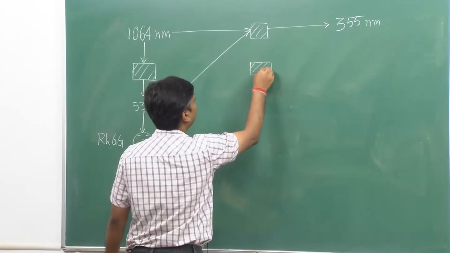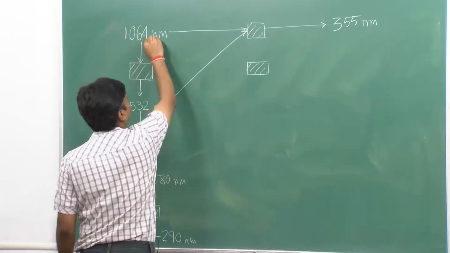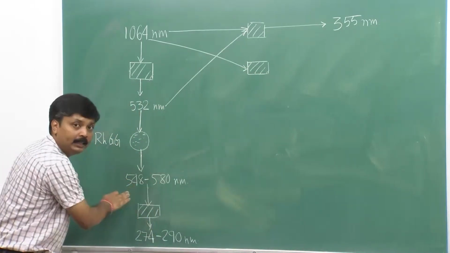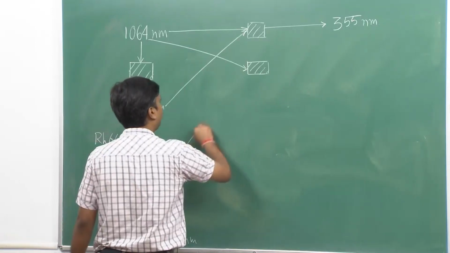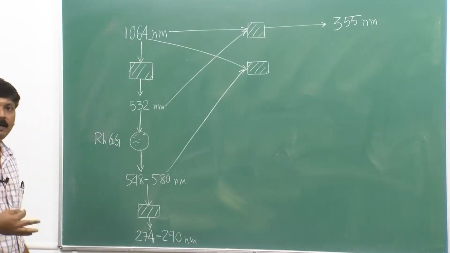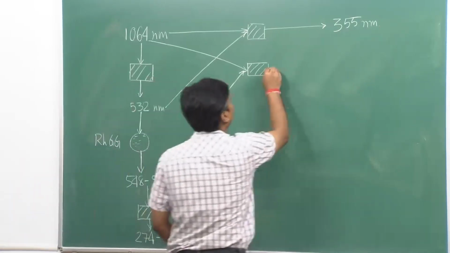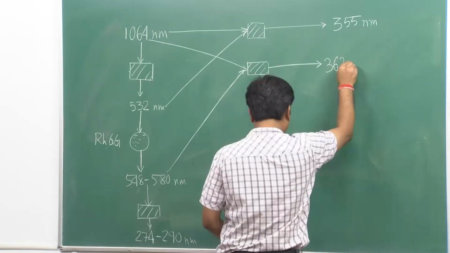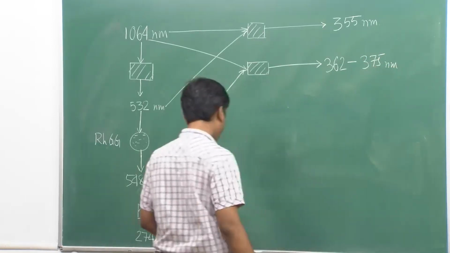Now, if I put another crystal here and I mix this 1064 nanometer and wavelengths from this range, I can select any one wavelength from this range and mix it here. Of course, I can get several different wavelengths depending on which one I choose out of this range, and in that way I can get a range of laser wavelengths, which is 362 nanometer to 375 nanometer. All right.